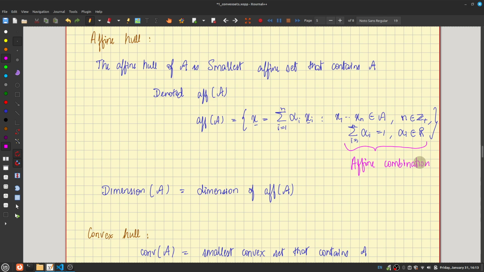All right. So very quickly, suppose I take 2 points in, say, R2. What would be the affine hull of this set?